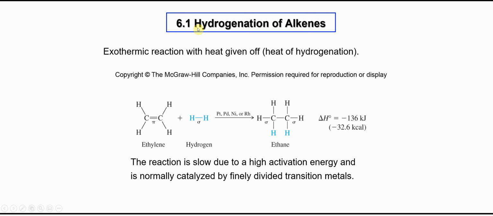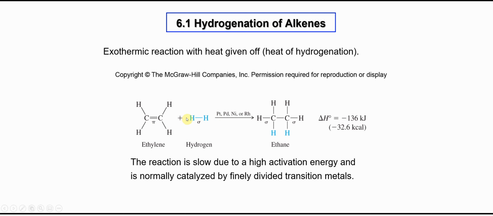So we are going to discuss hydrogenation reaction. Just imagine you have an alkene. You have a carbon-carbon double bond, and there is a pi bond, meaning this carbon-carbon is considered the functional group. The chemical reactive site will be located between these two carbons, which are composed of a pi bond.